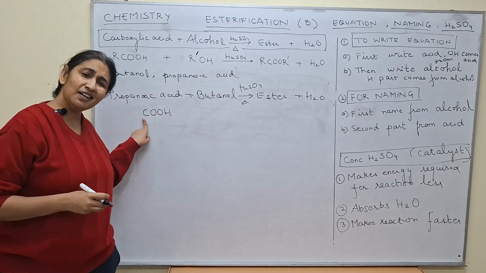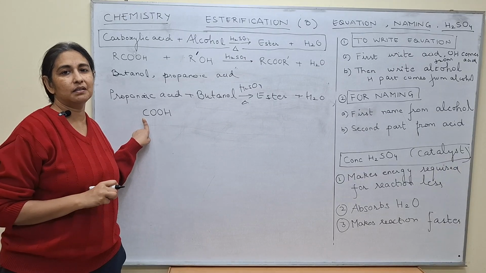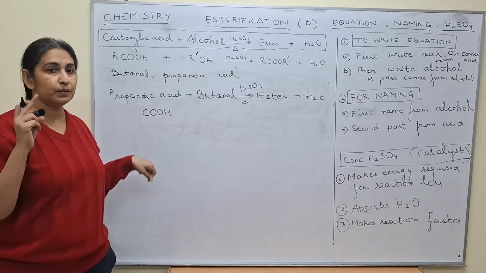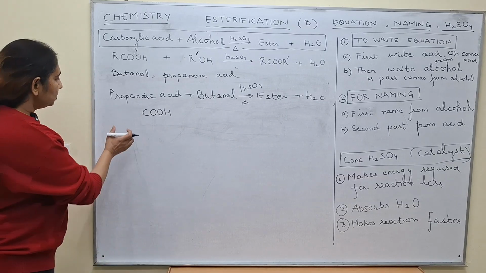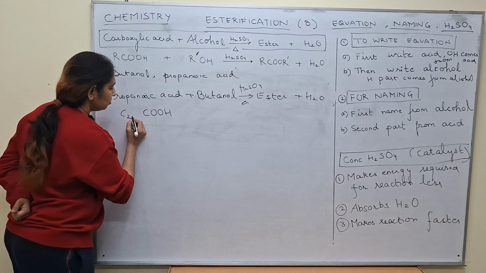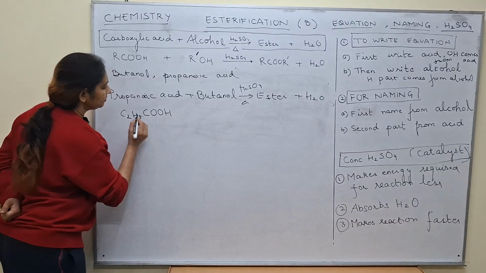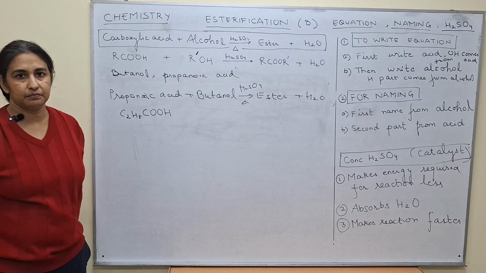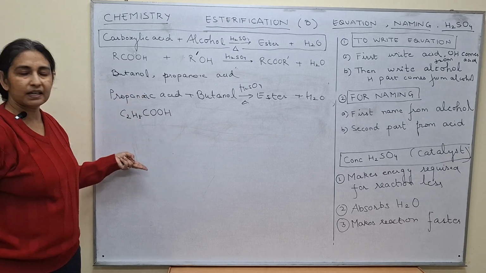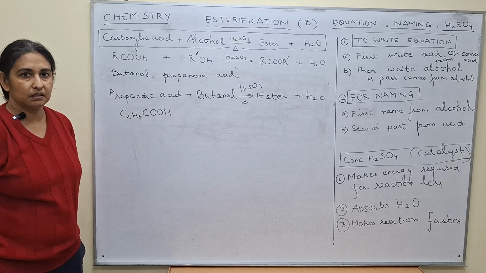Now we have already used up one carbon atom. Out of those 3 carbon atoms, we have already used up 1. We are left with 2. So what is the alkyl group left here? It will be C2H5. Yes or no? So this becomes propanoic acid, जिसको हम ढूंढ रहे थे.